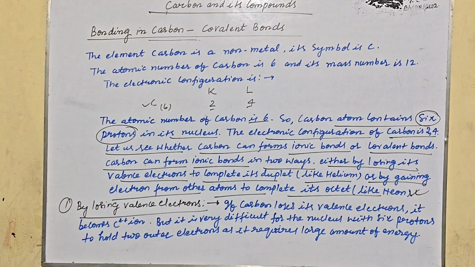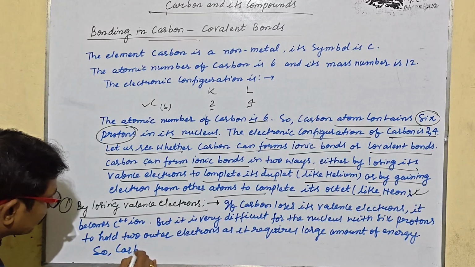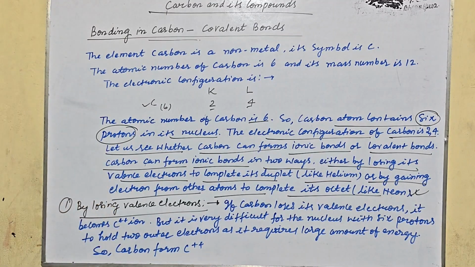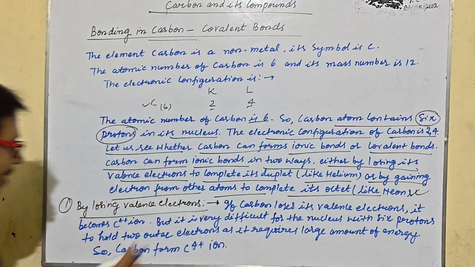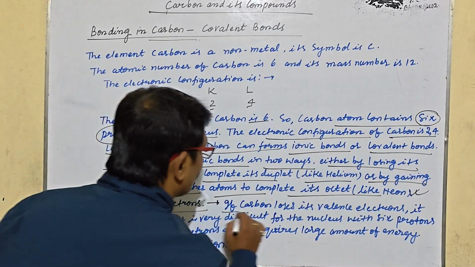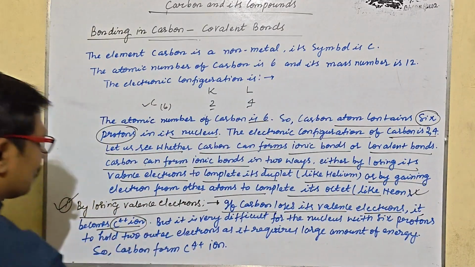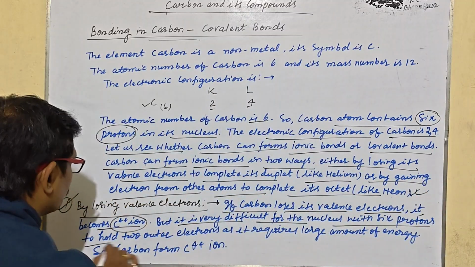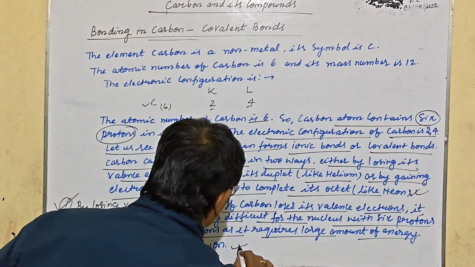So carbon forms a C4+ ion. So my dear student, it is quite clear that if carbon loses its valence electrons, it becomes a C4+ ion. But it is very difficult for the nucleus with 6 protons to hold 2 outer electrons, as it requires a large amount of energy.